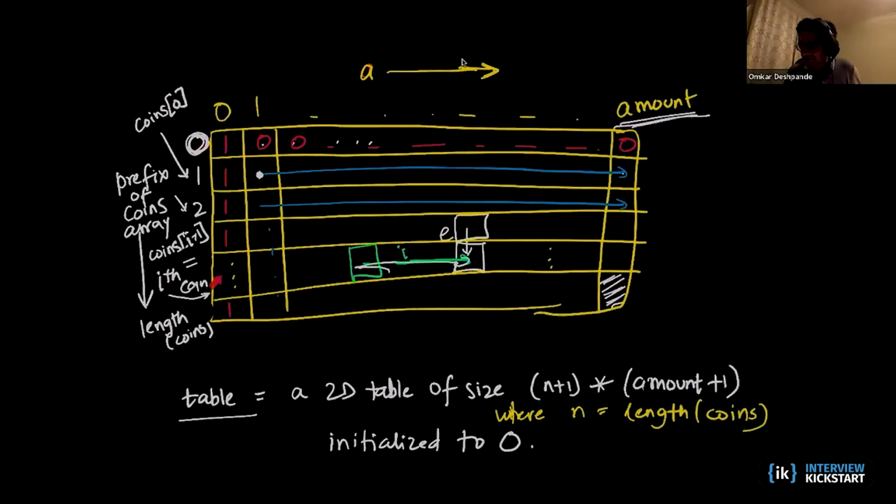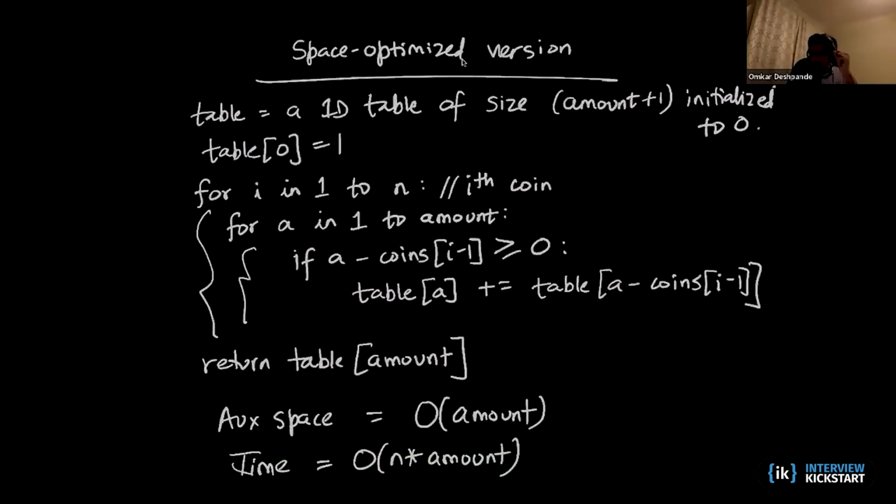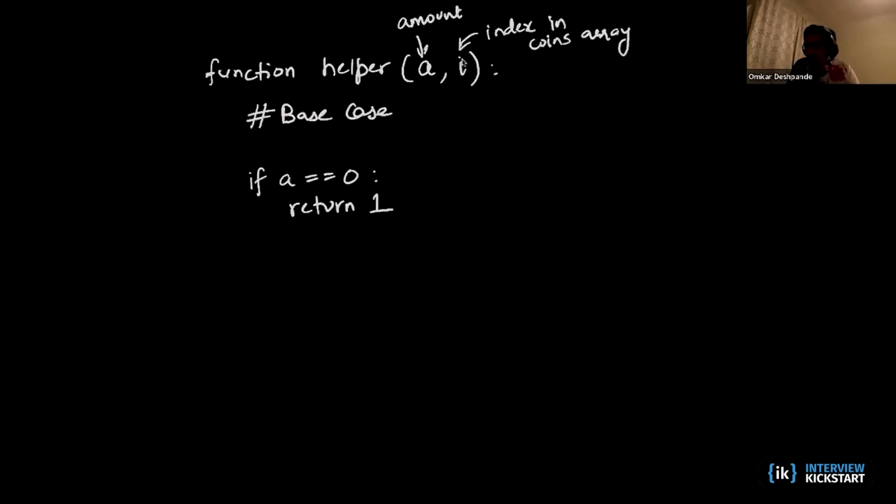So if A is 0, it's ones. And secondly, if we have nothing in our coins array, that means our index I is not even pointing to a valid coin, or you can say I less than 0. Then we return a 0.